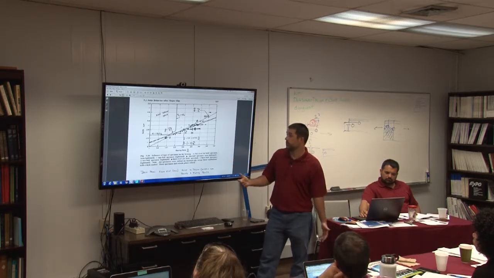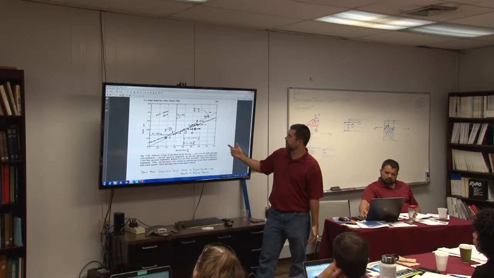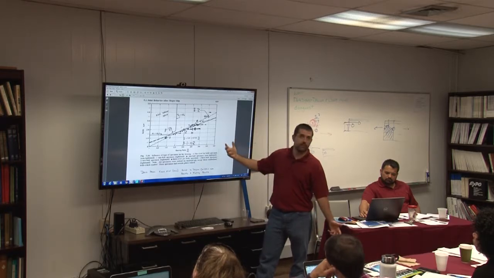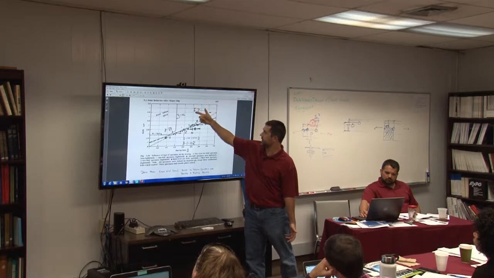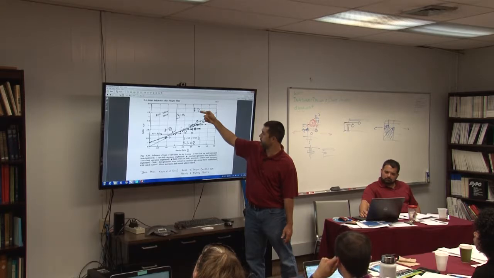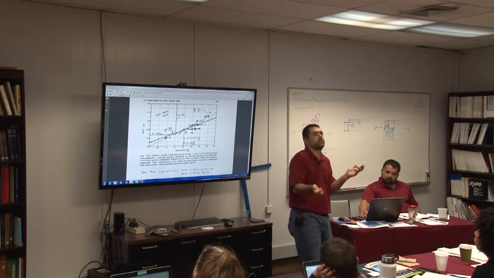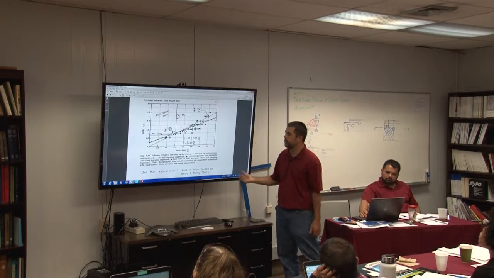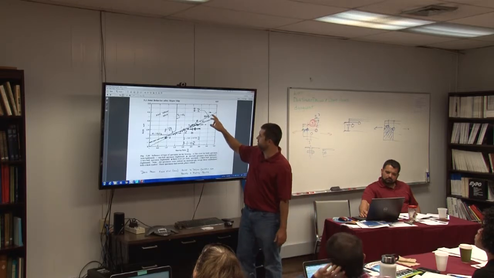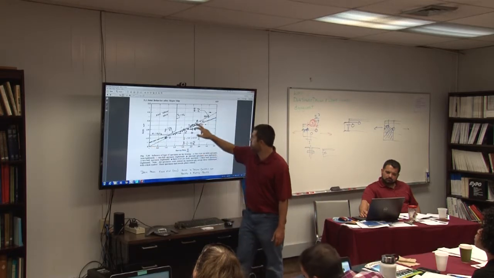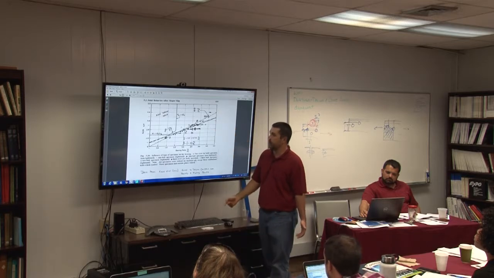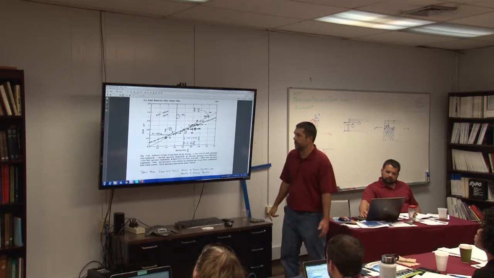One of the things that the tower folks did was they looked at this and said, you know what? If I take a simplified approach and say that the end distance divided by the bolt diameter is simply related to the bearing capacity divided by F sub u, then I get another line that also very nearly matches the data. It's a good approximation. So they adopted this simplified approximation to get their strength calculations.